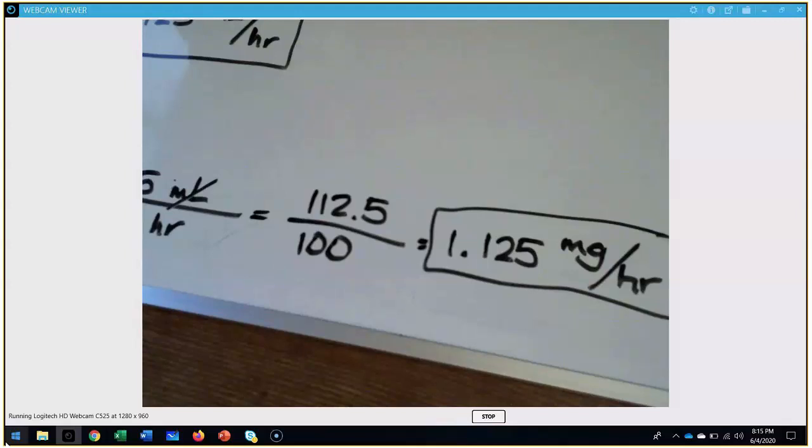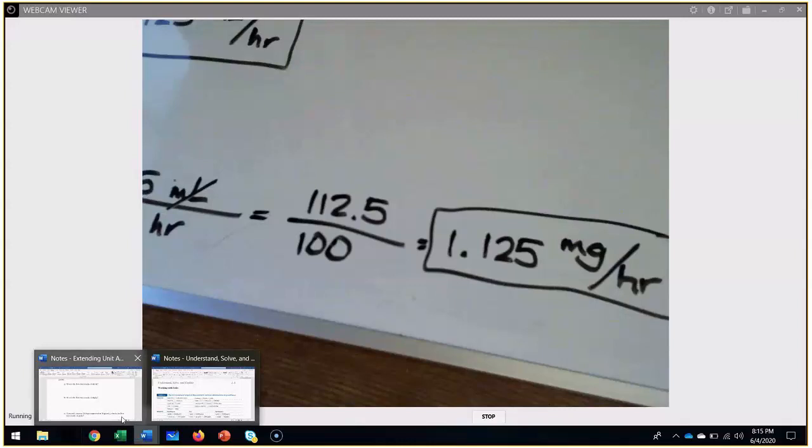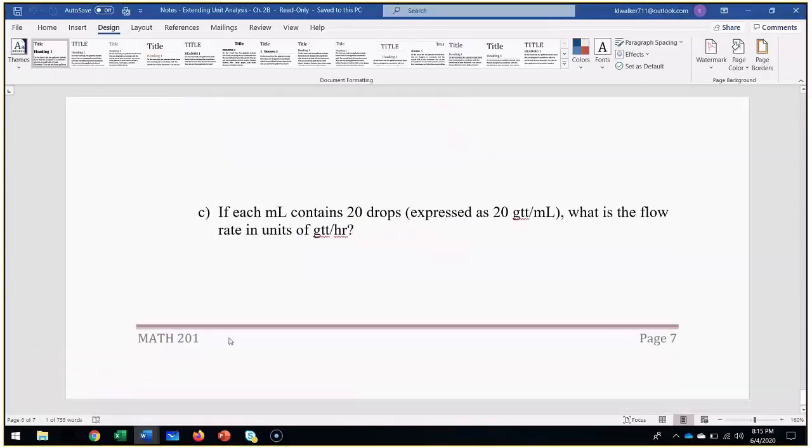All right. I think there's one more part. Let me see. Yep. So let's talk about this. This is involving drops now. So if each milliliter contains 20 drops, which is GTT, what's the flow rate in drops per hour?